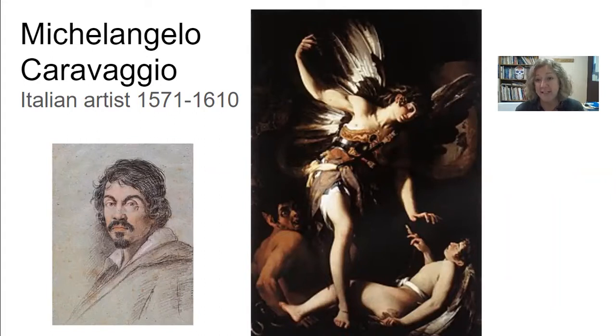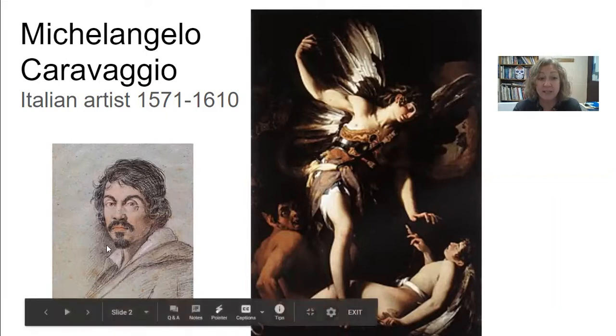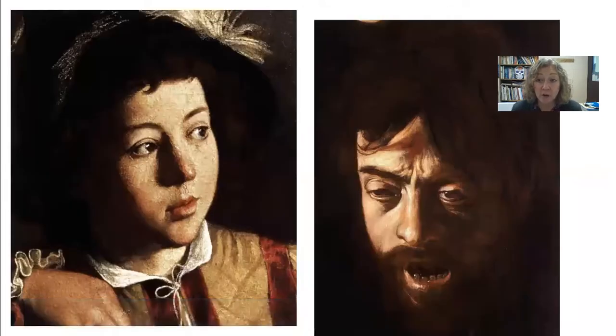And that is the idea of chiaroscuro, and that's the concept we're going to be working on with our assignment today. Here is a self-portrait of Caravaggio in which he's just using line and a little bit of line tone to create his forms. What we have here are close-ups of some of Caravaggio's portraits.